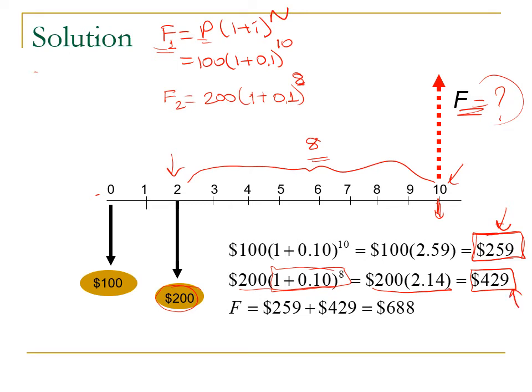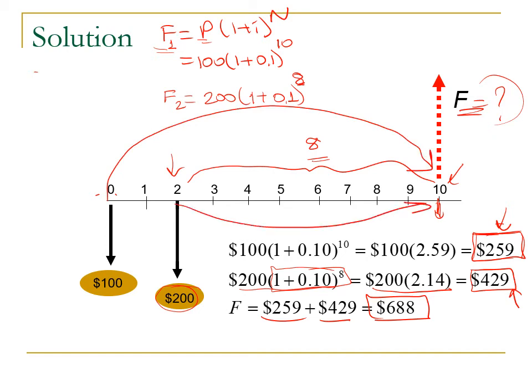Since they occur at the same time instance, we can just add them. And the total value is this much, okay, 688. Okay, so this is a very simple calculation. We just separately find the equivalent values of these two deposit amounts at year 10. Okay, we convert this one to year 10 and this one to year 10 separately, and then add them up to find the final results.